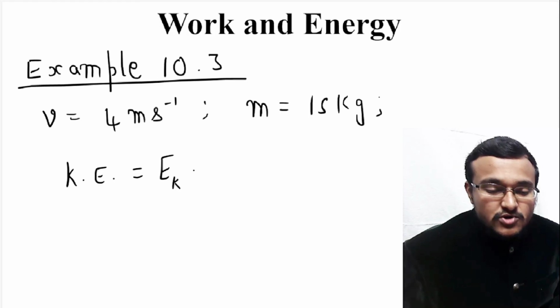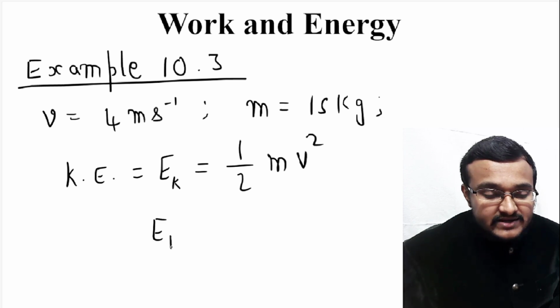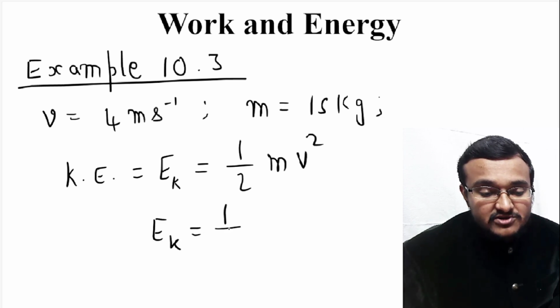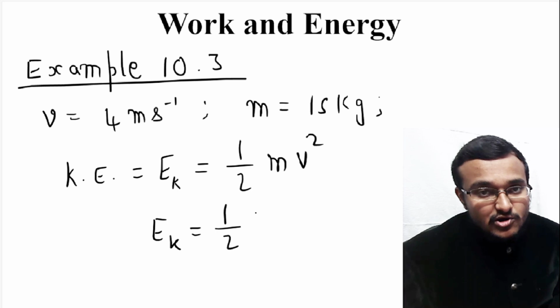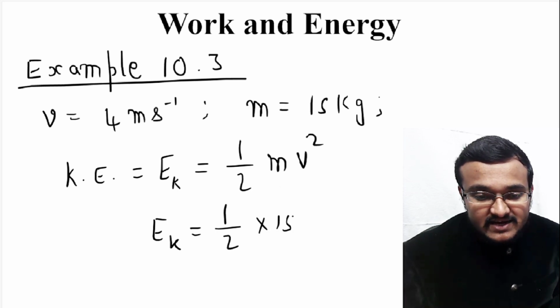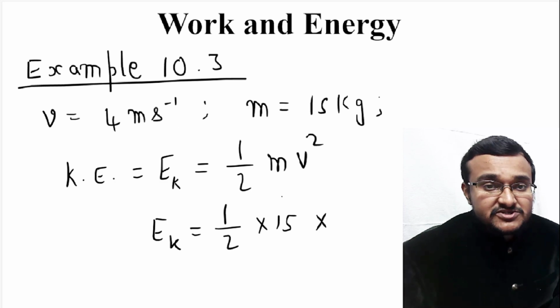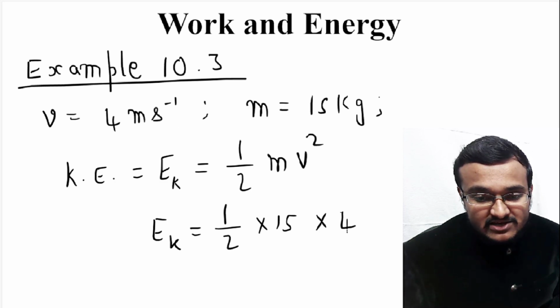So kinetic energy, I'll just call it EK, is equal to half mv square. What is m and v? m and v are the mass and velocity of that particular object which is in motion. Now mass is 15 kg and velocity is 4 meter per second. Everything is in SI unit, so directly I can substitute the values here.